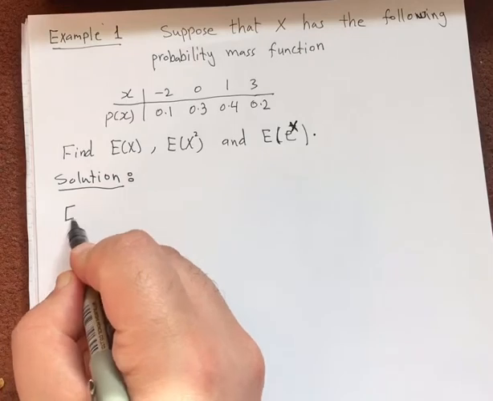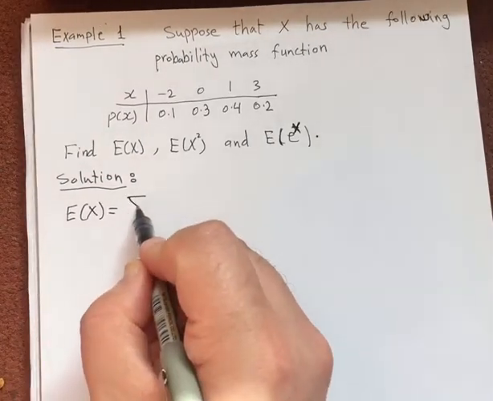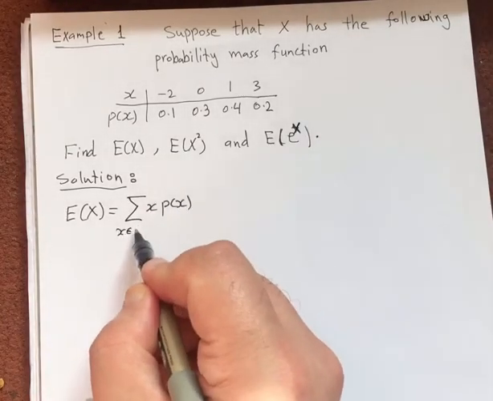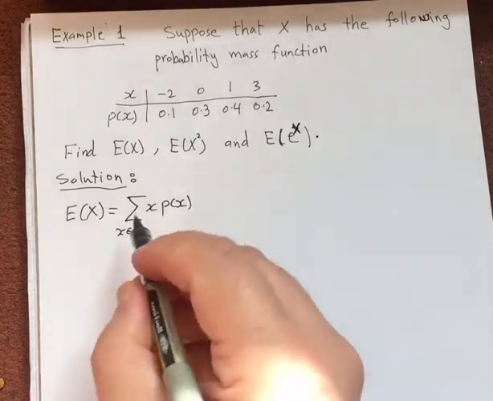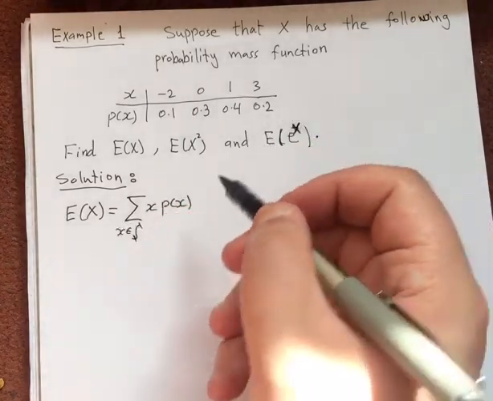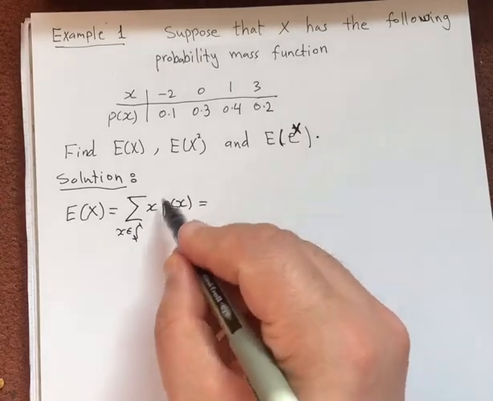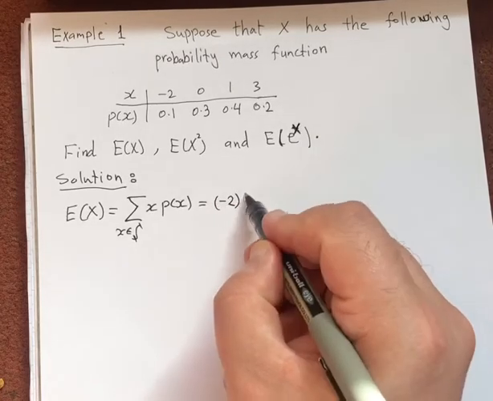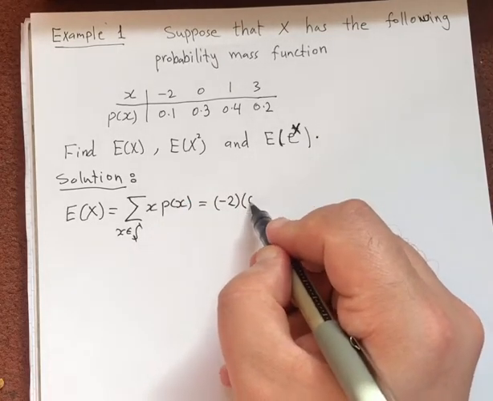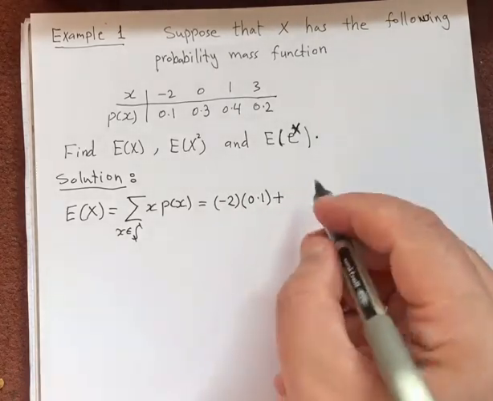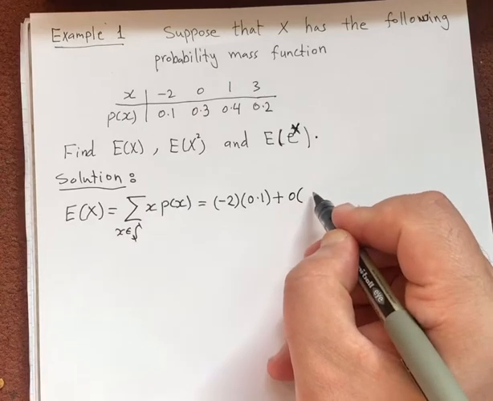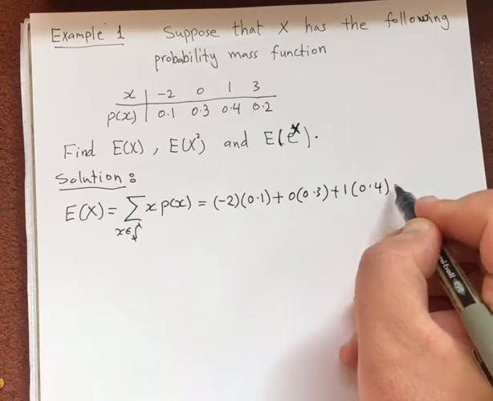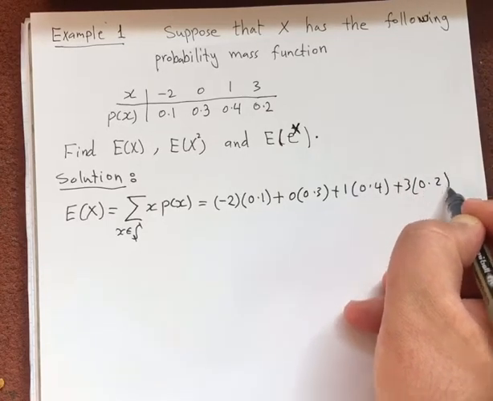As we know, the expectation of X is the sum of x p of x, where x belongs to the sample space. In this case, we have a discrete random variable X, so we substitute: minus 2 times 0.1 plus 0 times 0.3 plus 1 times 0.4 plus 3 times 0.2.